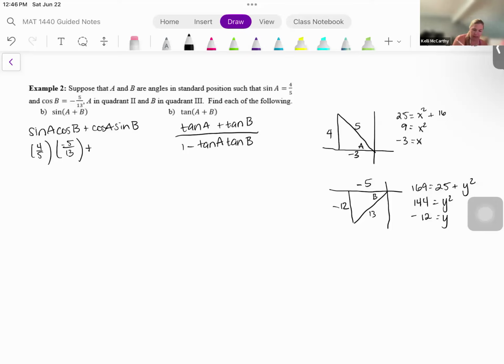Plus cosine of A, adjacent over hypotenuse is -3/5. Sine of B, opposite over hypotenuse, -12/13. Simplifying these, we get -20/65 plus -3 times -12 is +36/65. And then combining these, we get 16/65.